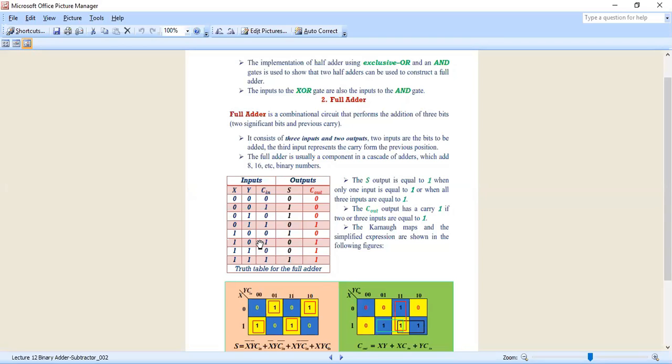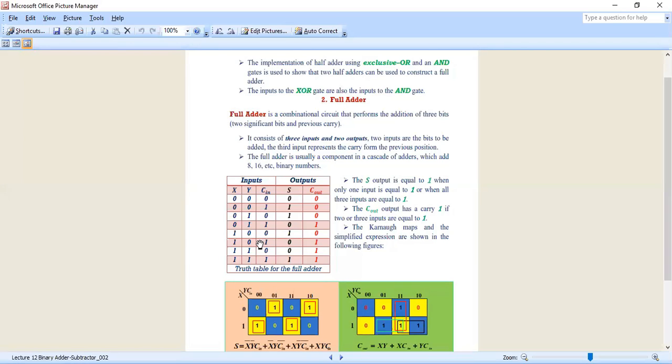So full adder performs the addition of 3 binary inputs. 2 binary inputs are normal, x and y, and the third input variable, Cin, represents the carry from the previous position.